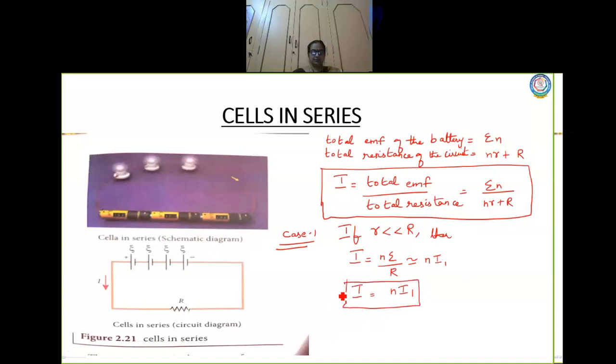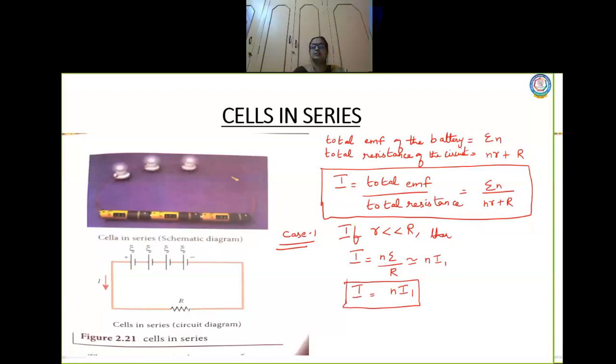If the value of internal resistance is considered to be negligibly small, then you omit this term in the current equation. I have the value of current to be n psi by R, where psi by R is represented as the current produced due to a single cell, because we are not going to consider that small r at all.